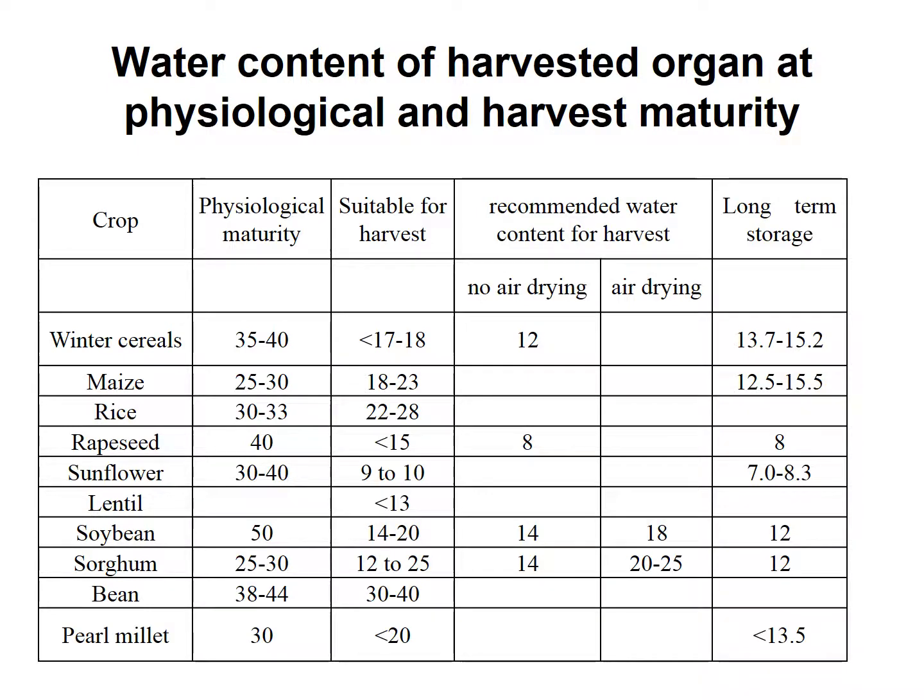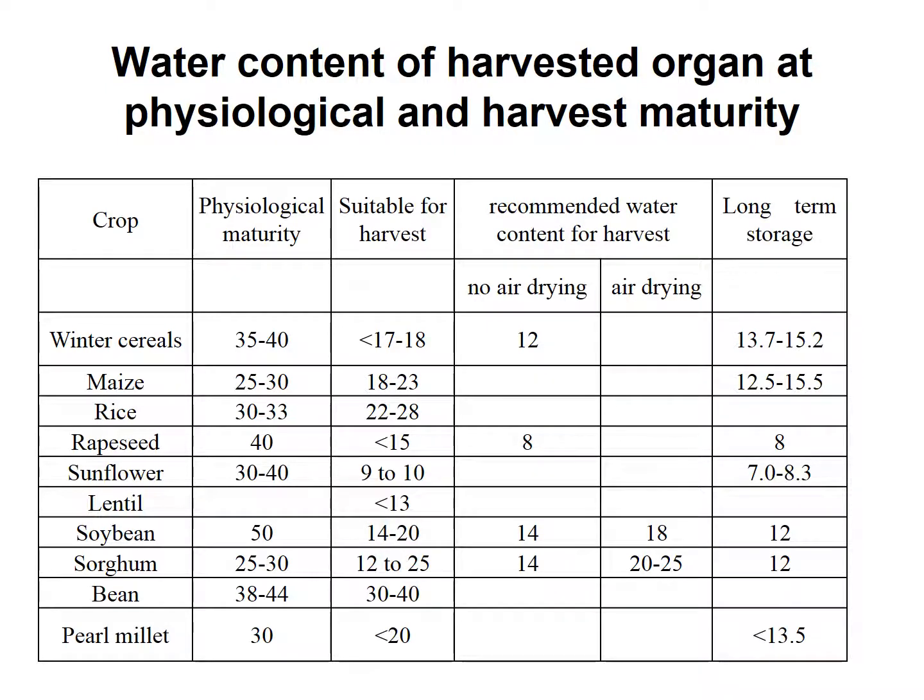In this table, we report values of water content for different seeds at physiological maturity, when the seeds are suitable for harvest, or the recommended water content for harvest, when no air drying will be performed, or when air drying will be performed.